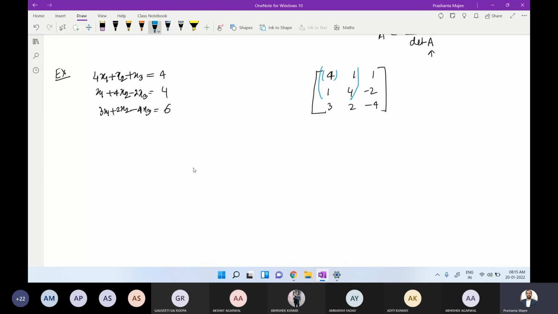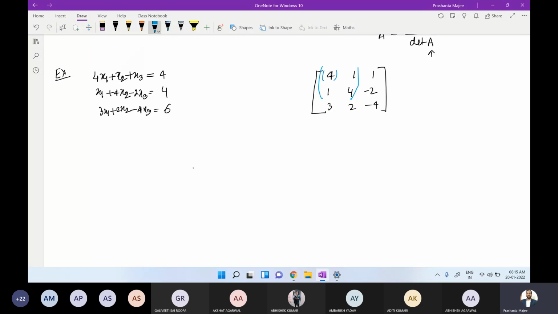So these are the leading minors. All leading minors have to be greater than 0. That is the way to say a matrix is positive definite, or evaluate all the eigenvalues of the matrix. If they are greater than 0, then also the matrix is positive definite. So the sufficient condition is that the matrix has to be positive definite.